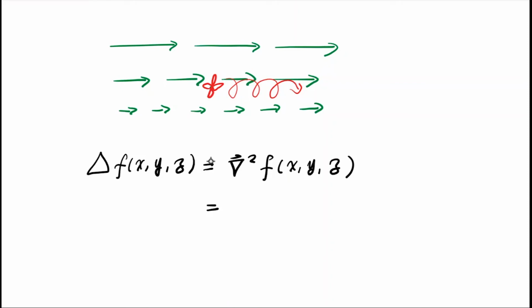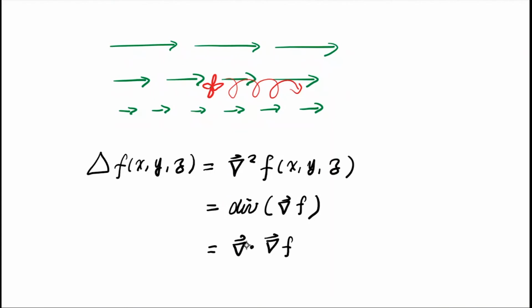So I want you to know both. This means divergence of a gradient. Divergence of gradient of f. Okay, and in our notation, this is divergence, right? Dot product.